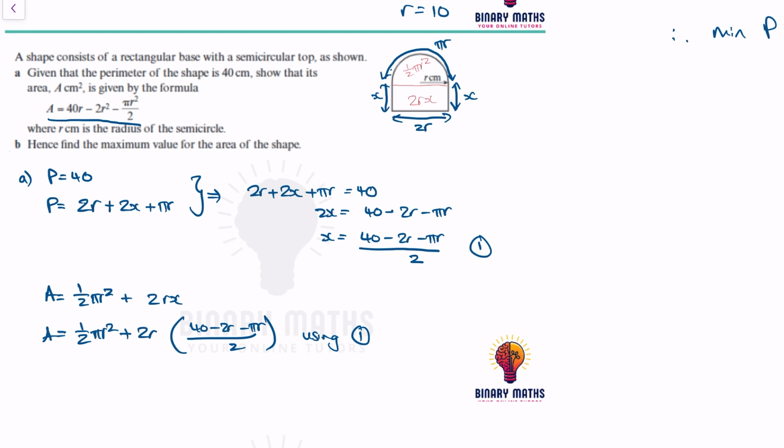So the 2 and the 2 here will cancel out. So I'm left with A is equal to half pi r squared plus 40r minus 2r squared minus pi r squared.